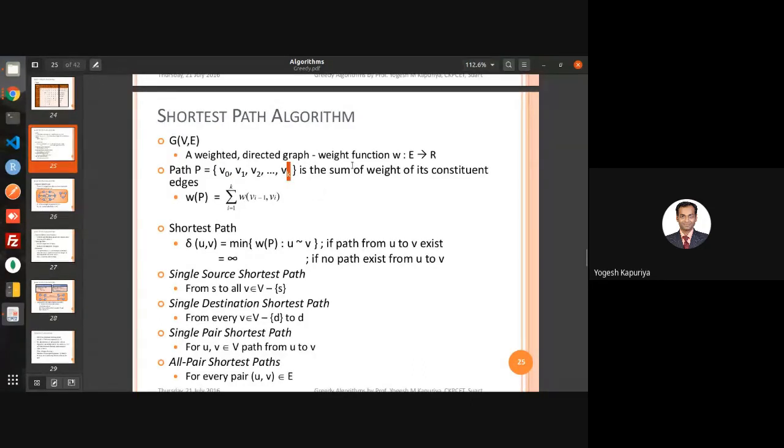The weight of the path is the sum of the weights of its constituent edges. So if you take the weight of every edge Vi minus 1, Vi and total it, that gives you the total weight of the path. Our objective is to minimize this value. So we need to find the alternative which has the minimum value.